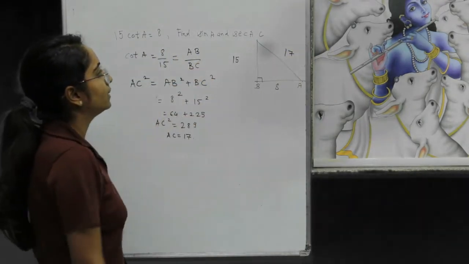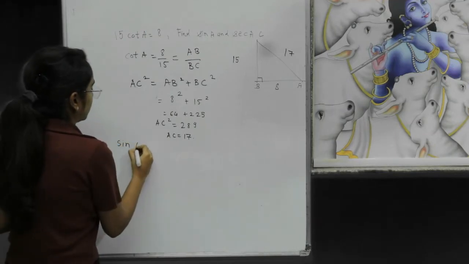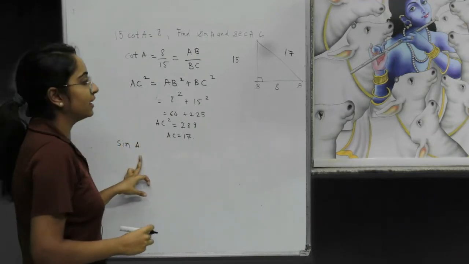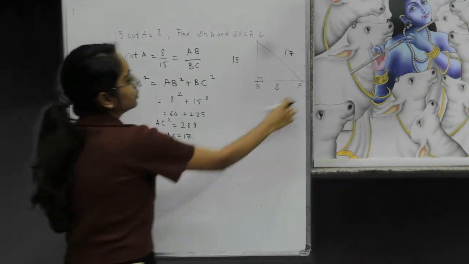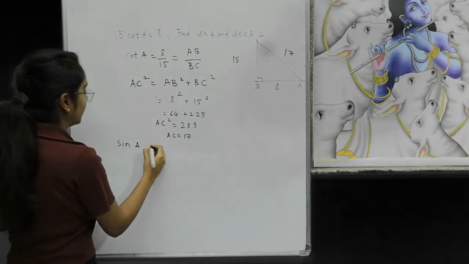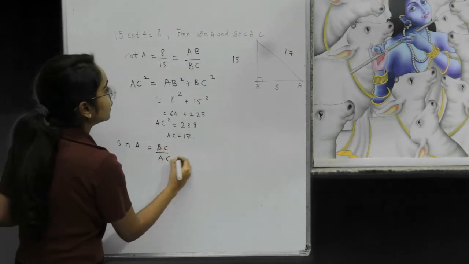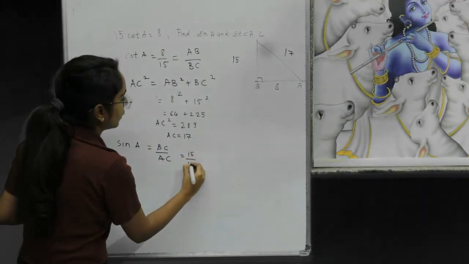Now we need to find sin A and sec A. Thus we'll find sin A first. The formula for sin A is the side opposite to angle A, which is BC, upon the hypotenuse, which is AC. So we will put the value as BC upon AC, which comes to be 15 upon 17.